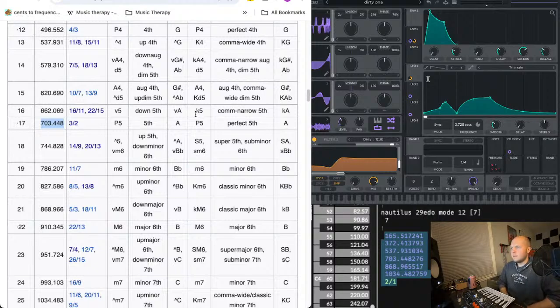Sounds like a fifth. You could get a cleaner fifth, but it's pretty clean. The 29 EDO fifth is only 1.5 cents sharp, but it's sharp, so it's on the other side. But it's just 0.5 cents closer, which anyway, the fifth sounds really clean.